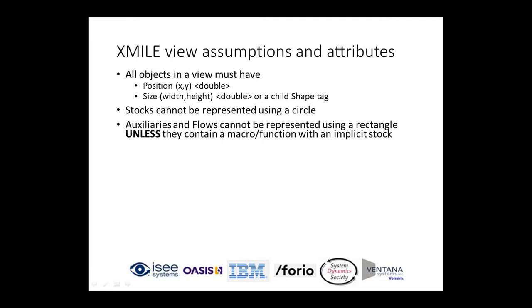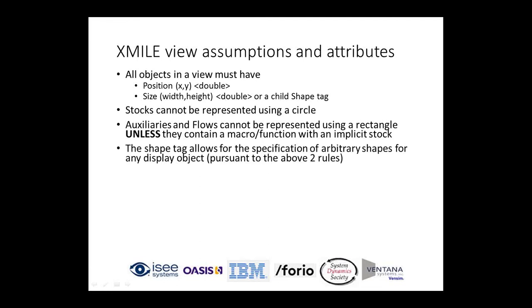Think of a built-in function like delay. An auxiliary with that built-in function in it actually has an implicit stock within it. So then it is allowed to be represented using a rectangle. The shape tag allows for the specification of arbitrary shapes for any display object as long as it follows the above two rules.